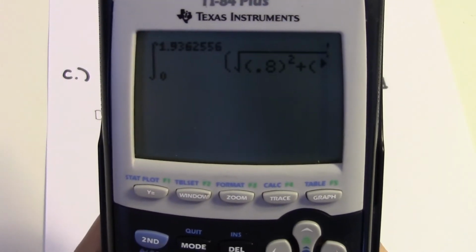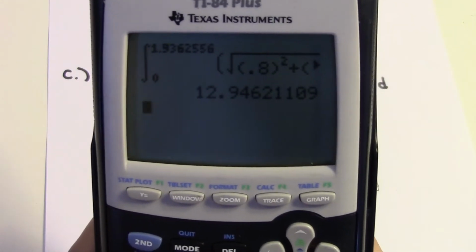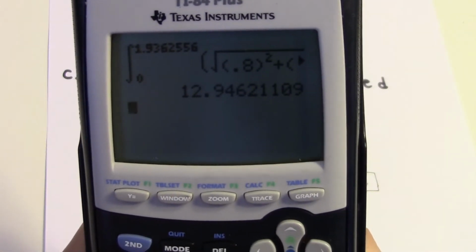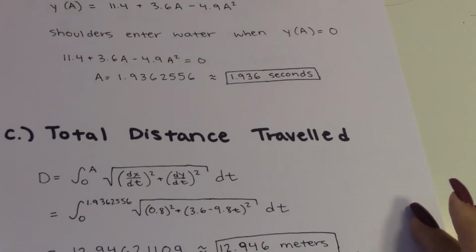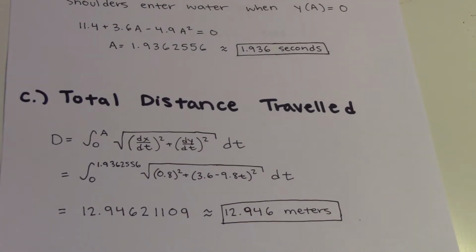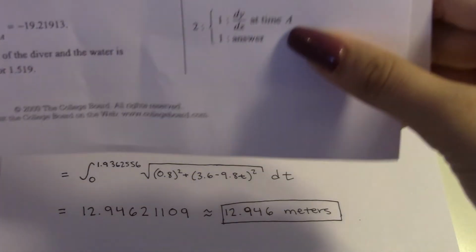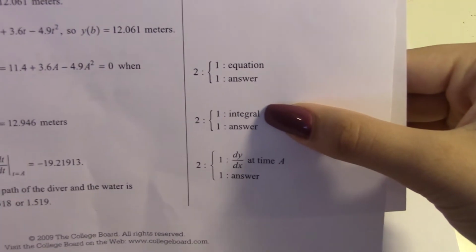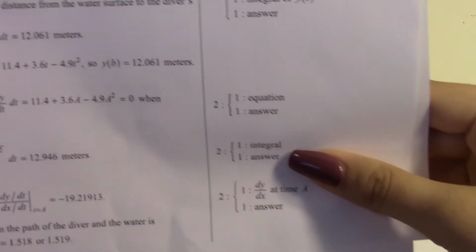Enter. And that's going to give you 12.94621. And then if you just leave it at 3 decimal places, that gives you 12.946 meters.